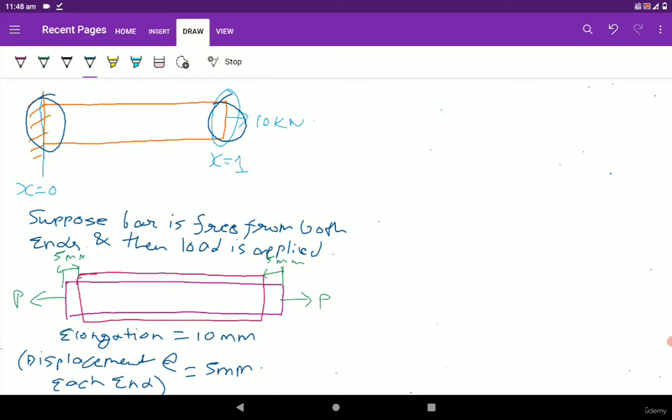Now if the bar is fixed at one end, so this is the condition.